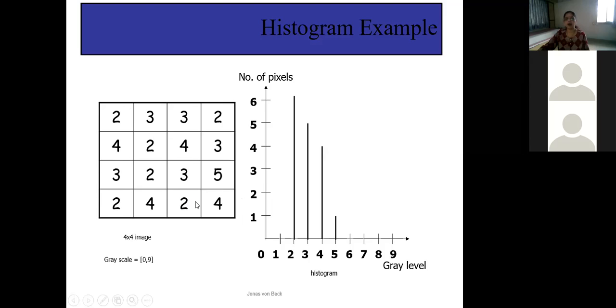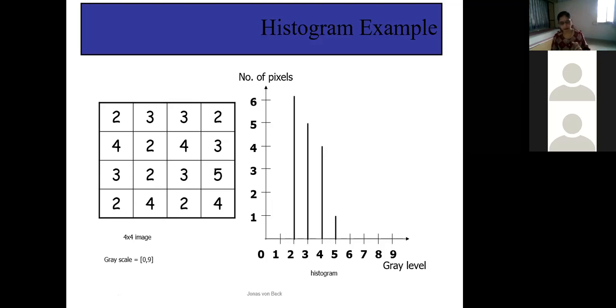Okay, so if I have the first half of the portion at 0 and half of the portion at 9, in this case, what is the histogram? Please type your answer. For this question, half of the portion is white and half of the portion is black. So how will the histogram look?